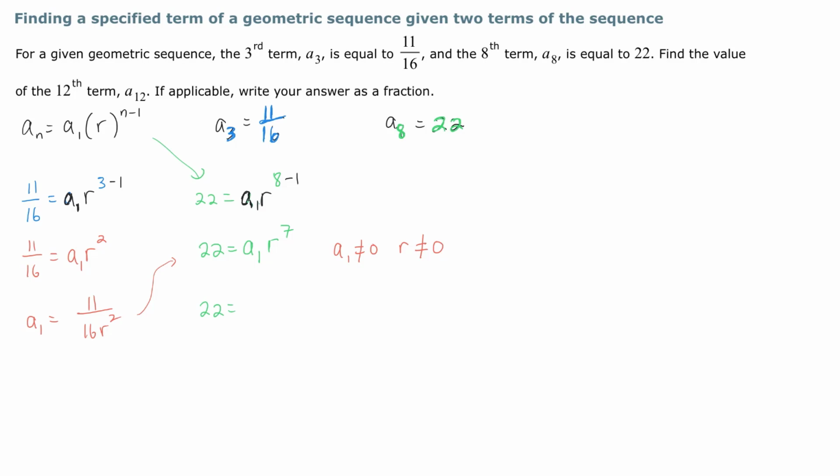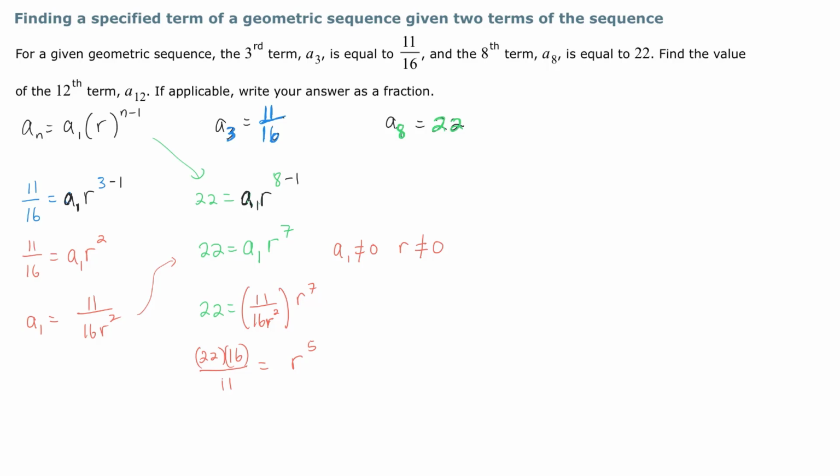22 is now equal to a sub 1, which is 11/16 over r squared, times r to the 7th power. Now we have r to the 5th power. We got 22 times 16 divided by 11, which is equal to r to the 5th power.